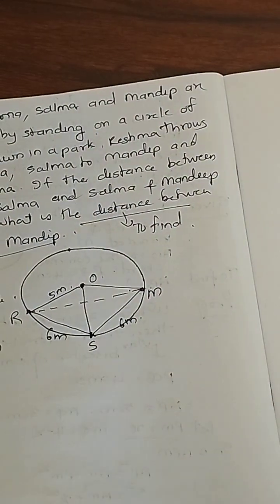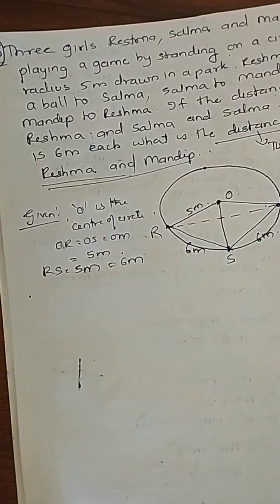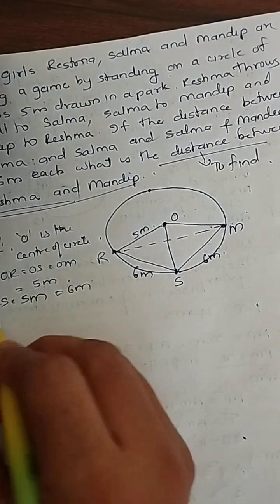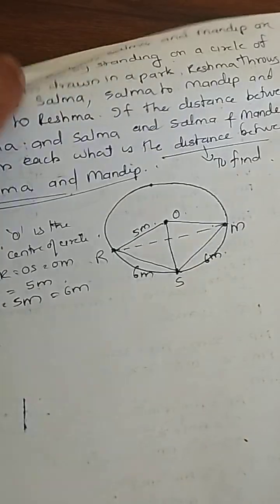Now let me come to the proof. Before the proof, I want to make a construction here. For this sum, you have to make a construction.